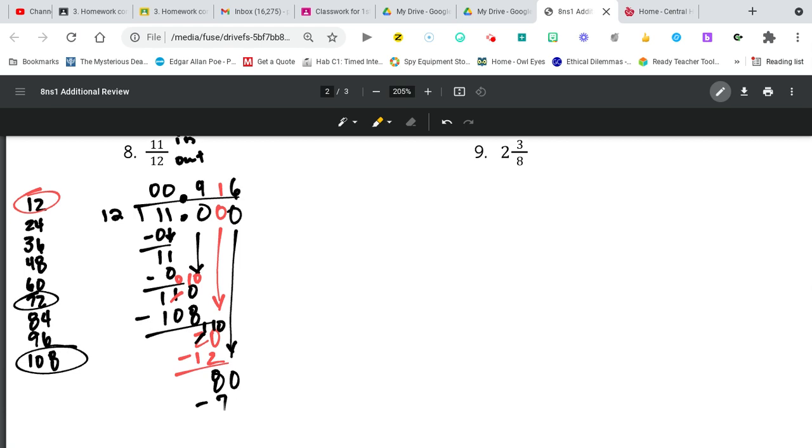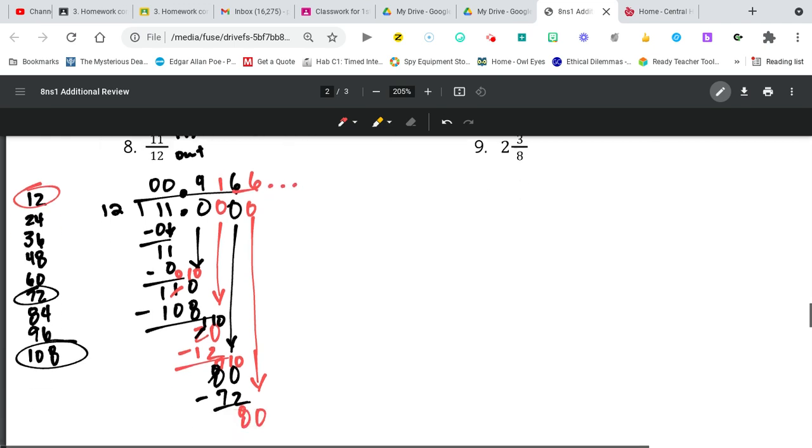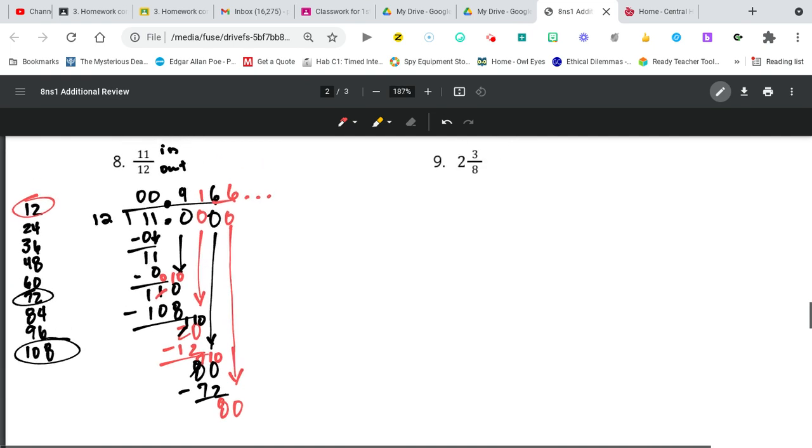That's 72. Regroup again, guys. And as you can see, my remainder of 8 is starting to repeat, which should help me to see that my 6 is going to start to repeat. So I'm just going to put ... Or you can just write this as 0.916 with the bar over the 6. I would just go that way, that route, okay?